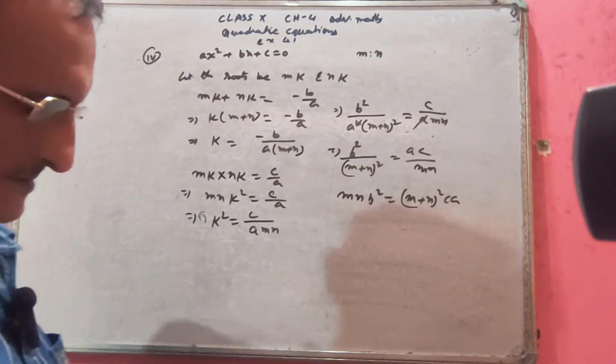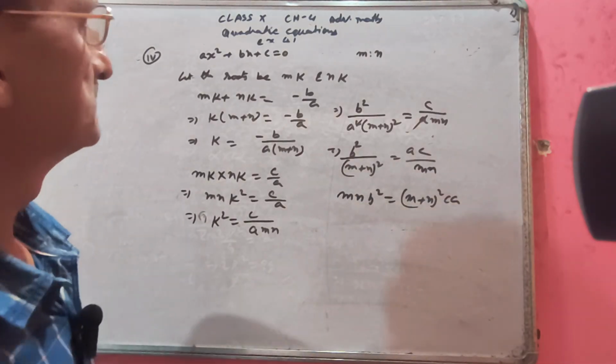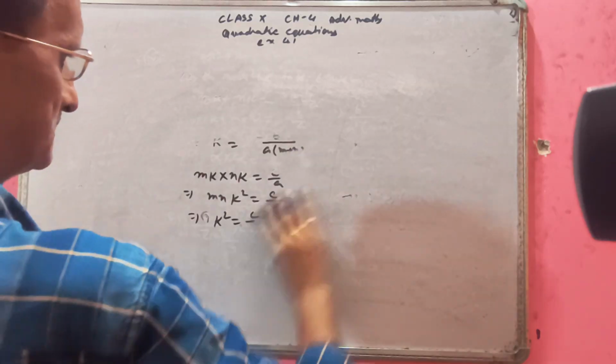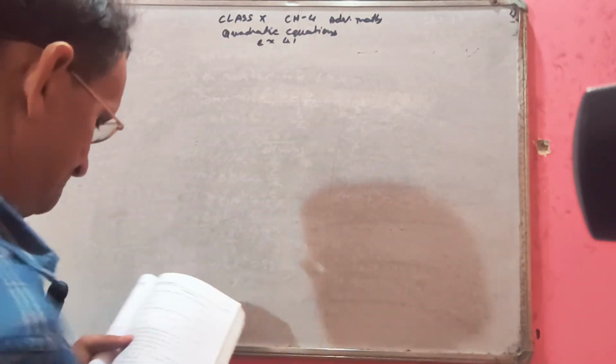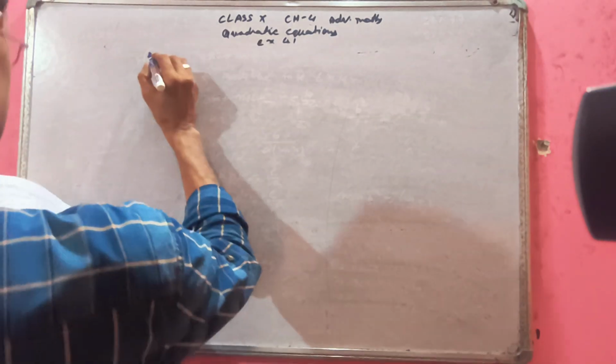Okay, we will go to the next sum now. This was number 4, so number 5. Number 5. Again common root, but important sum.